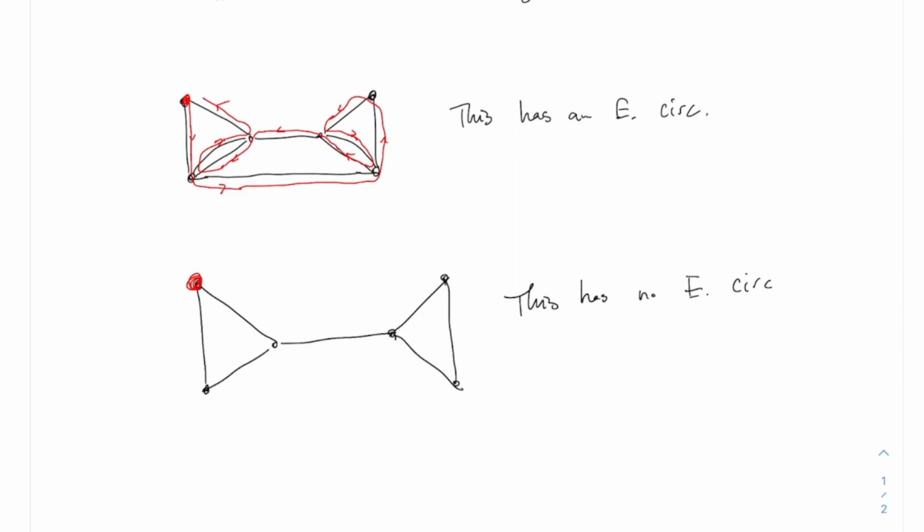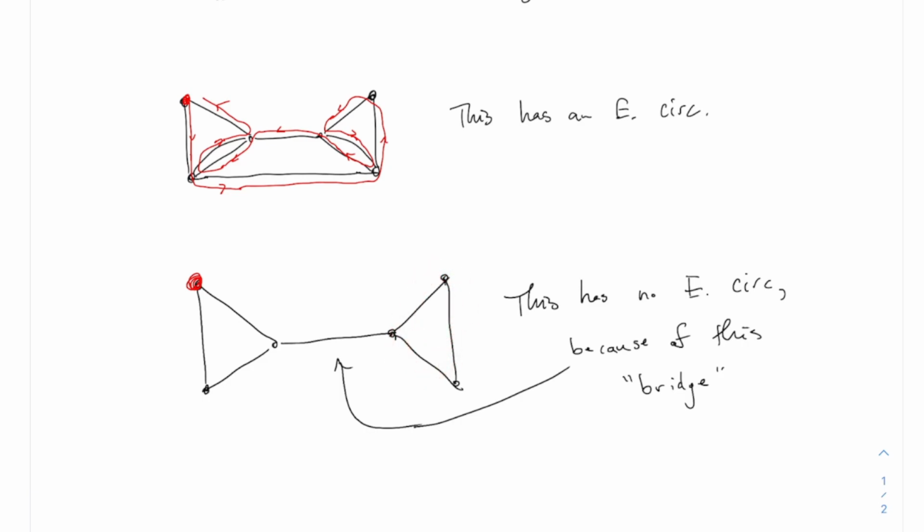And somehow it has to do with this edge right there. There's actually a name for this. An edge like that is sometimes called a bridge, because that is the only way you can get from this side to this side, right?